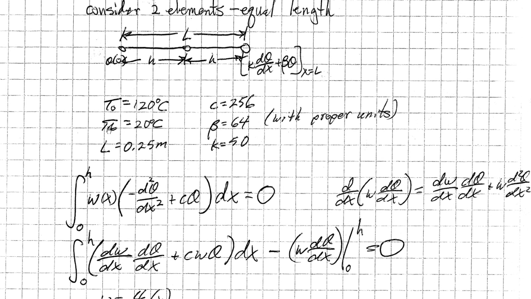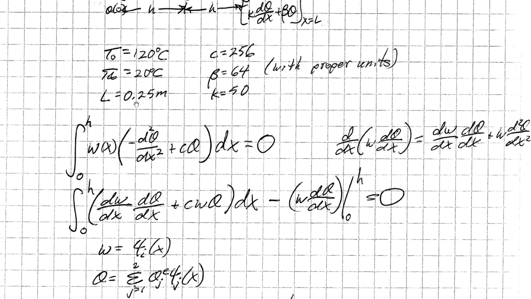We've got ambient conditions around room temperature, 120 degrees C on the surface of the end, and here's some material parameters. And you can add in proper units. I'm leaving them off for the sake of brevity. And we have a length of a quarter meter.